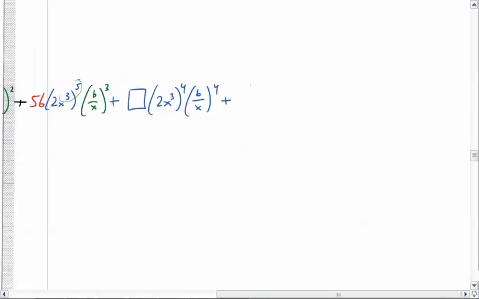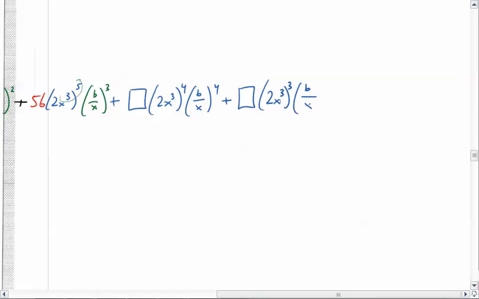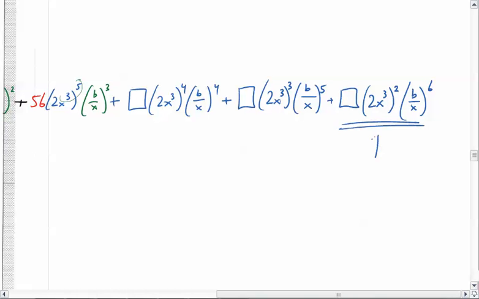So that doesn't work either. Next term we'll have x to the power of 9 minus 5. Nope. Next one, x to the power of 6 minus 6. There it is. This is the constant, because my x to the power of 6 and 1 over x to the power of 6 cancel, so there'll be no more x's.